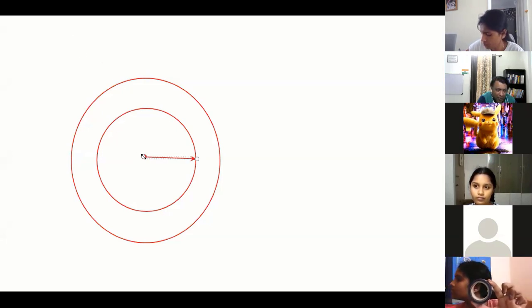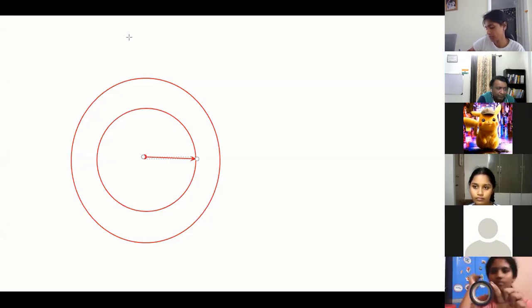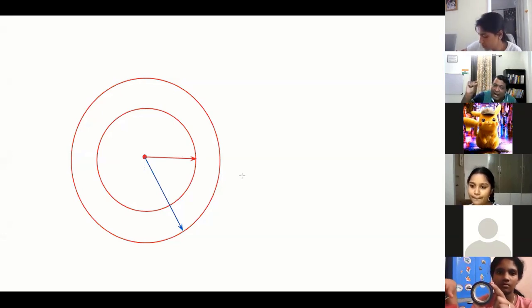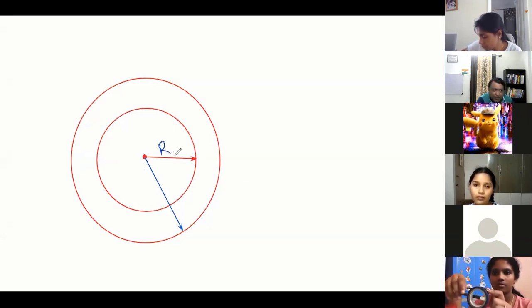And from the same center you take to outside, that is the outer radius. This is the width, the black thing, the black and white, that is the width of the embankment. So suppose this is R1, this is R2.